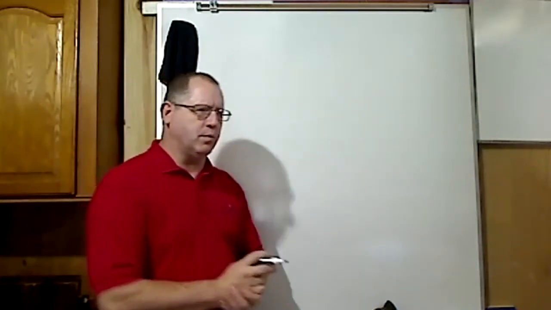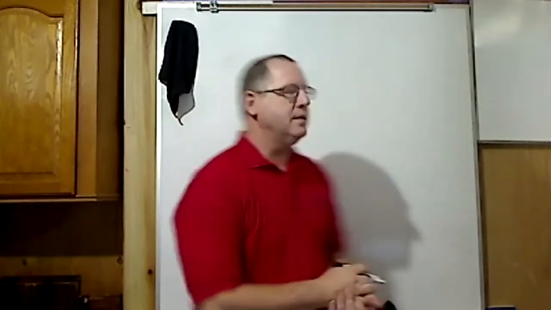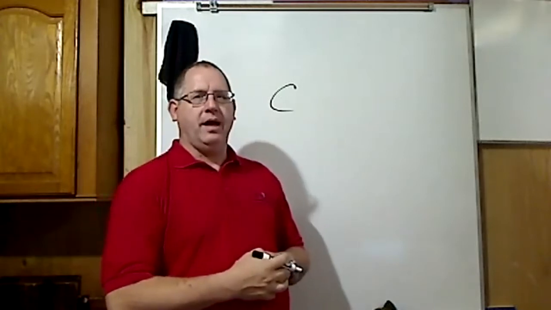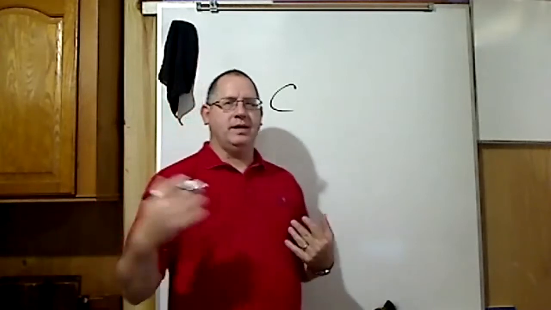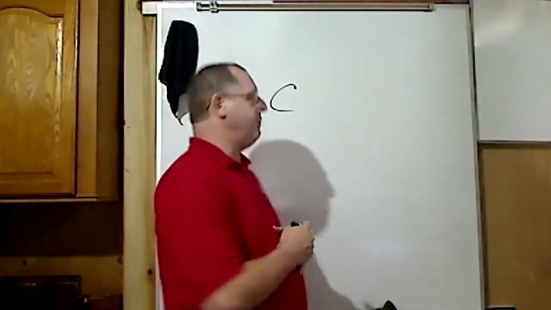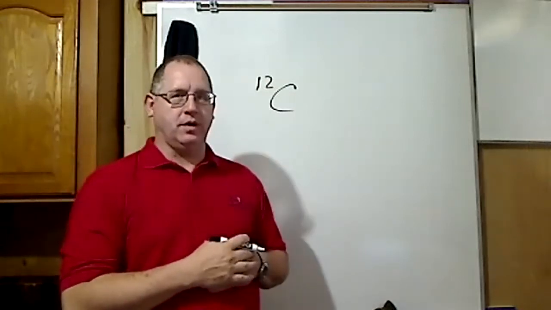But the three types of radiation that we're going to start with, well, actually probably should start with a little bit simpler review. Let's take a look at the element carbon. Carbon, if we look on the periodic table, we see that it has 6 protons. And if I have carbon 12, it has 6 protons and 6 neutrons.